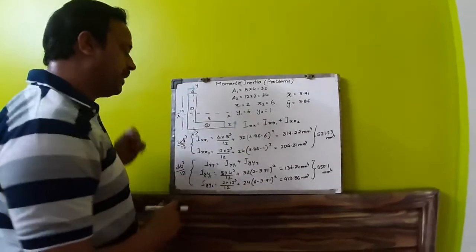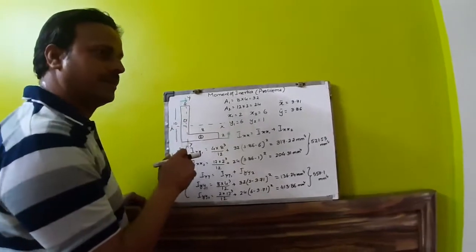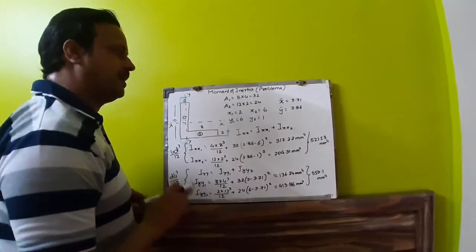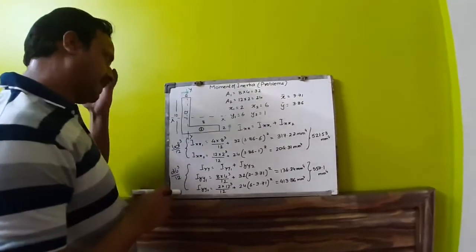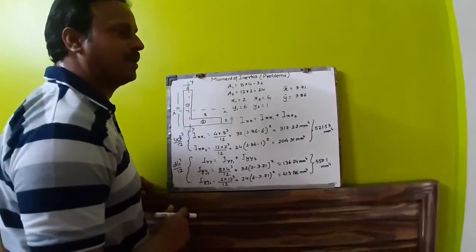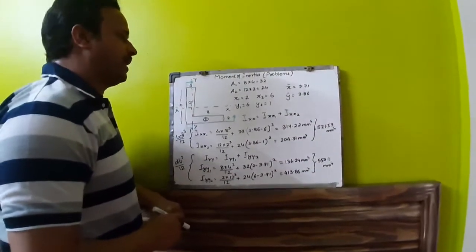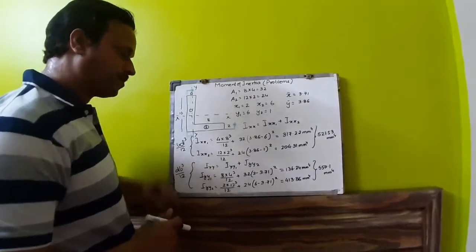This BD cube by 12 is the moment of inertia about its own centroid. Because in the derivation we have seen that we located the centroid first and then derived this relationship BD cube by 12, because in the integration you can see that the integration limits were minus D by 2 to plus D by 2.